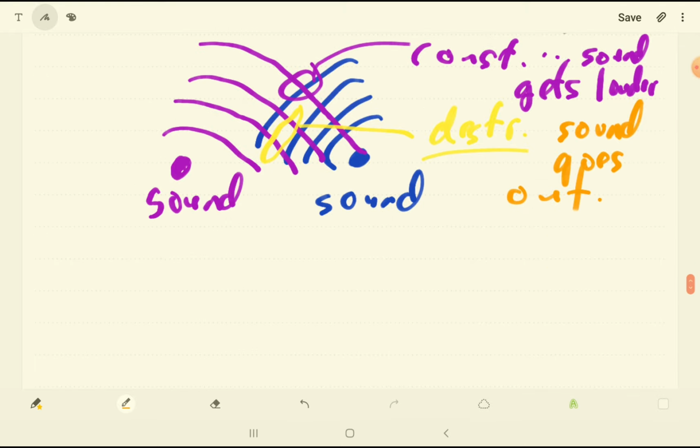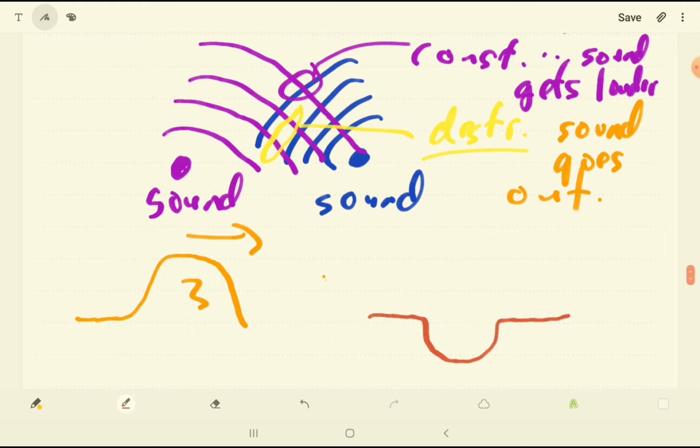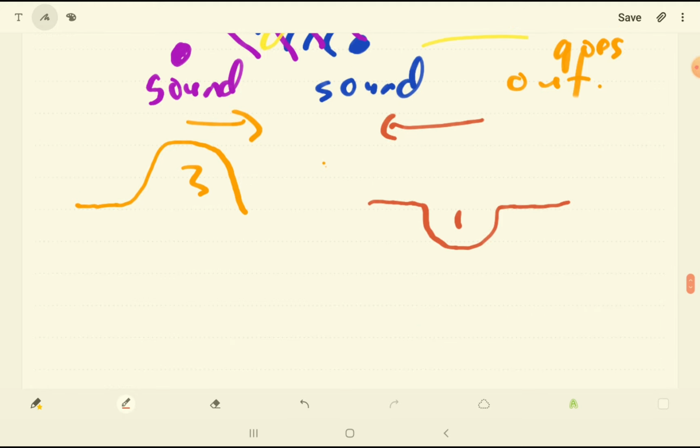And so one more time here, if we were to, let's say, you got a wave going this way, that's 3. And another wave going this way at 1. Okay, at about here, right?